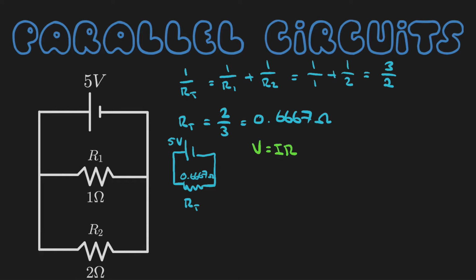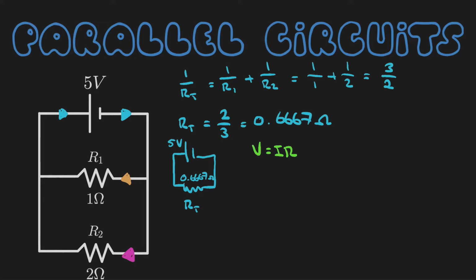So current doesn't remain the same in the circuit, but we can find out what the current is flowing through here and flowing back into here. Okay? It will be different. The current will not be the same as there, and it will not be the same there. Okay, but we'll find that out later. For now, we want to find out what this current is.